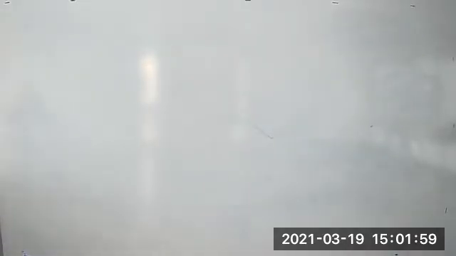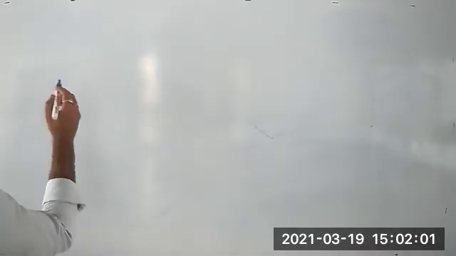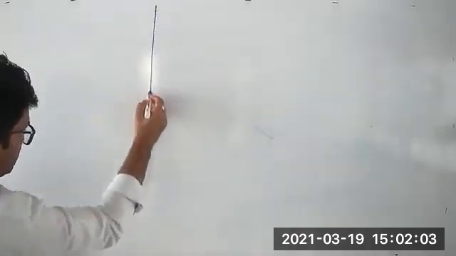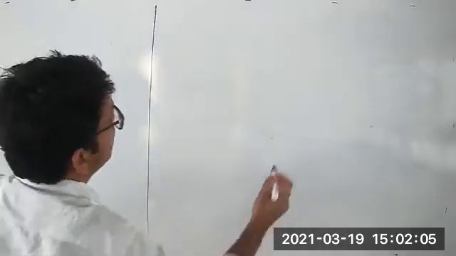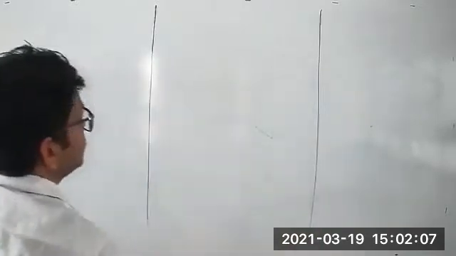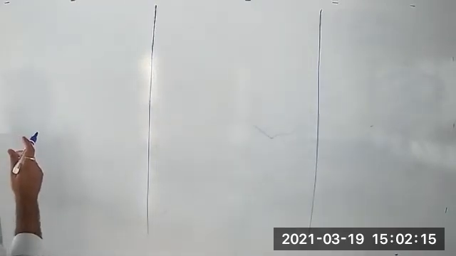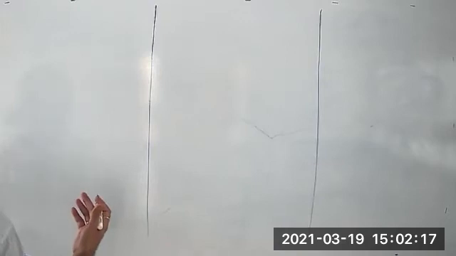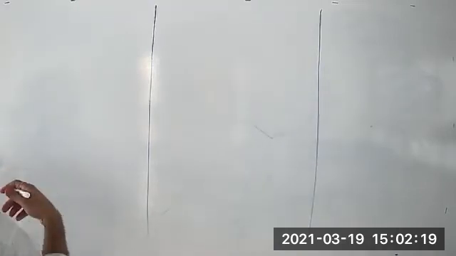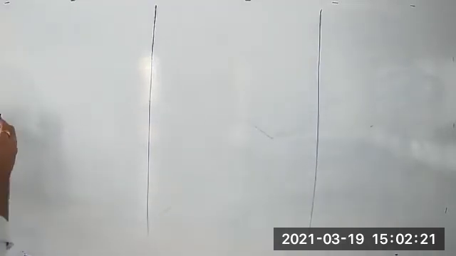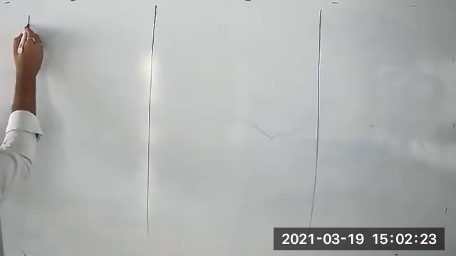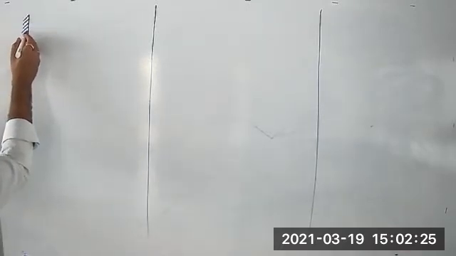Now let us consider that we are having numerical number 2. Let me draw some bifurcation so that we can solve the numerical step by step. So the second numerical, in which we need to obtain the mathematical modeling of a given mechanical system, is something like this, in which the mechanical system is given to us.